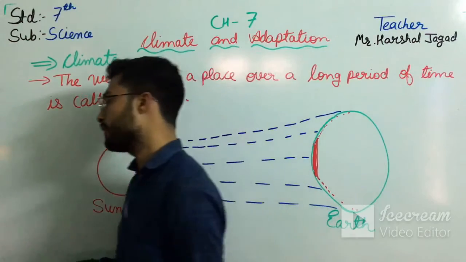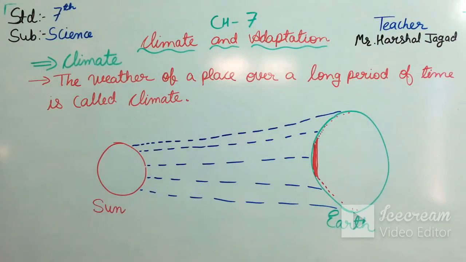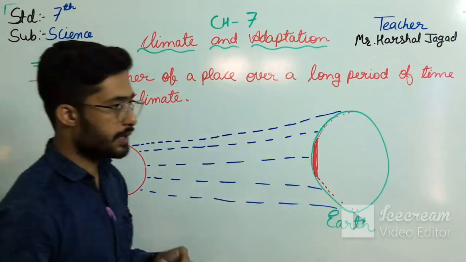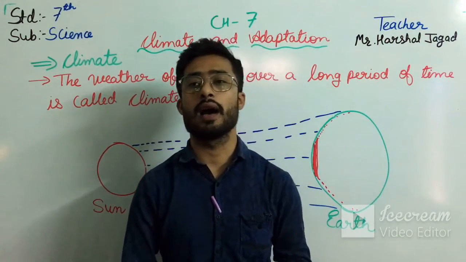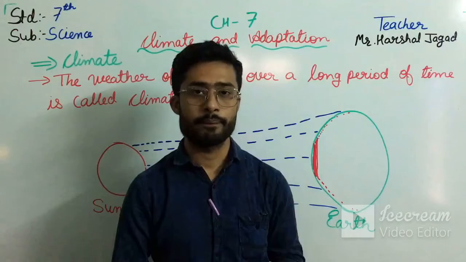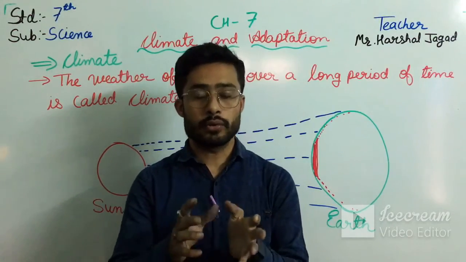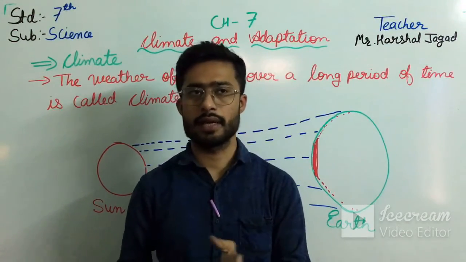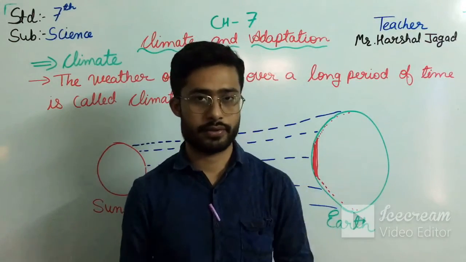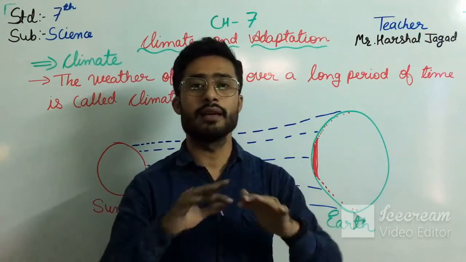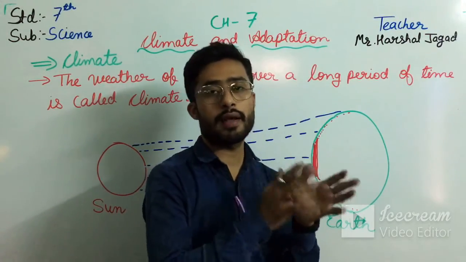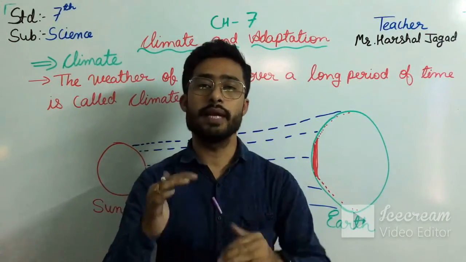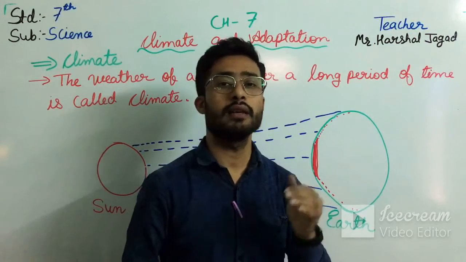See here, in the atmosphere there are nitrogen, oxygen and other gases, and carbon dioxide, all are there. Okay, so what happens? Due to the carbon dioxide, the heat wave is trapped, and it keeps the earth warm. It does not keep it too hot or too cold. It just maintains the temperature of the earth.